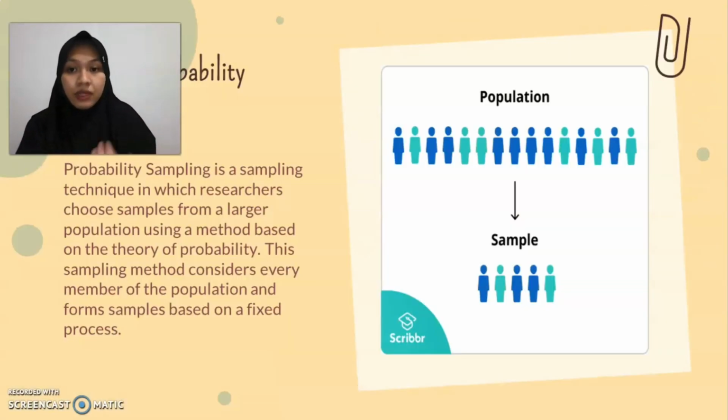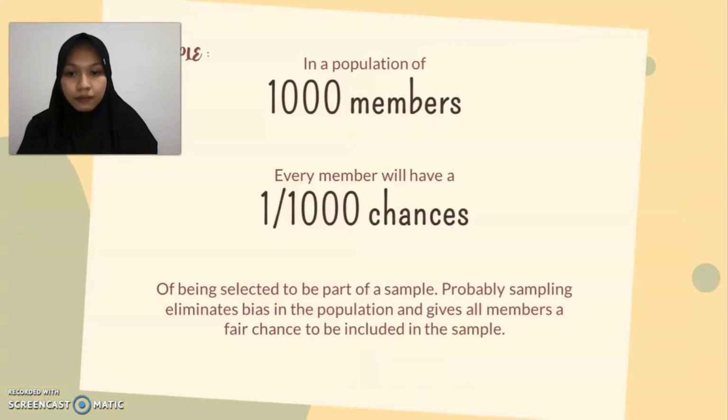What is probability sampling? Probability sampling is a sampling technique in which researchers choose samples from a larger population using a method based on the theory of probability. This sampling method considers every member of the population and forms samples based on a fixed process.